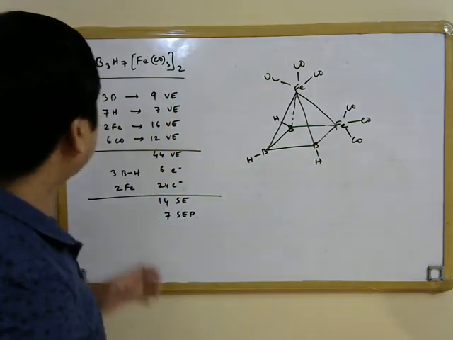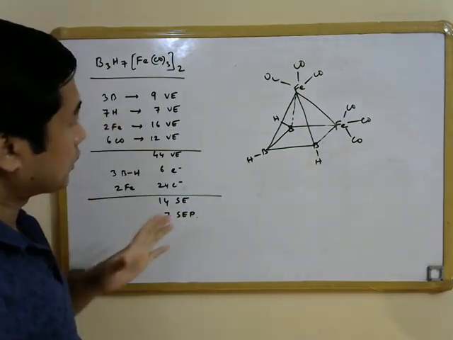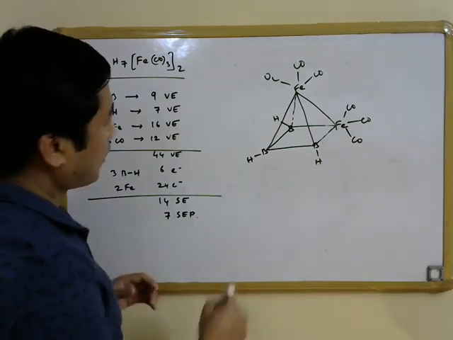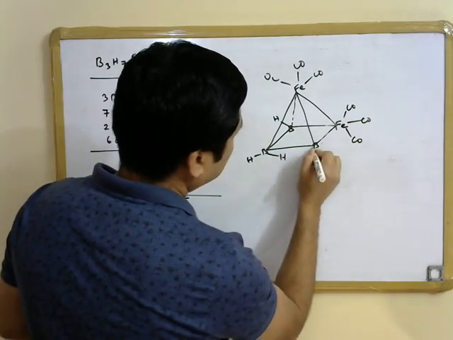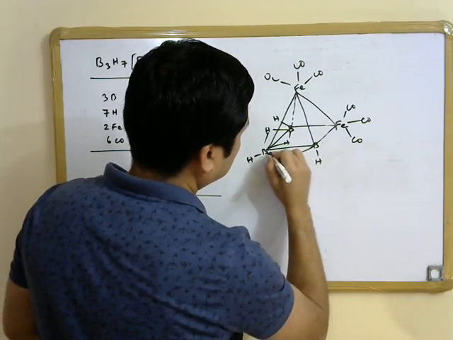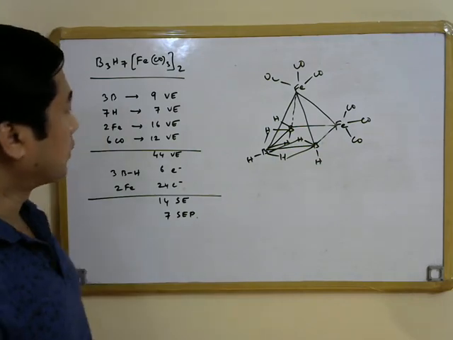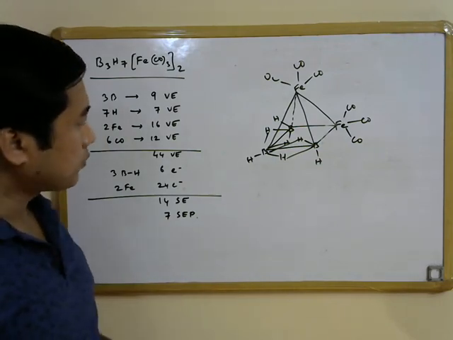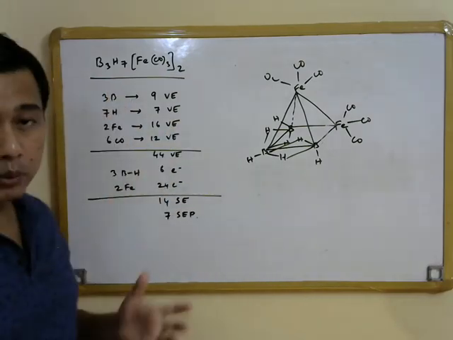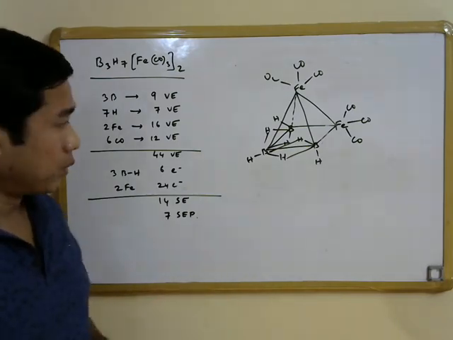So 3 of the hydrogen atoms are used as terminal B-H hydrogen atoms, while the rest 4 hydrogen atoms are going to be present as bridging hydrogen atoms here. In this particular fashion, it is going to be present. So that is how we can predict the structure of this metal-borane cluster by using Wade's rule.